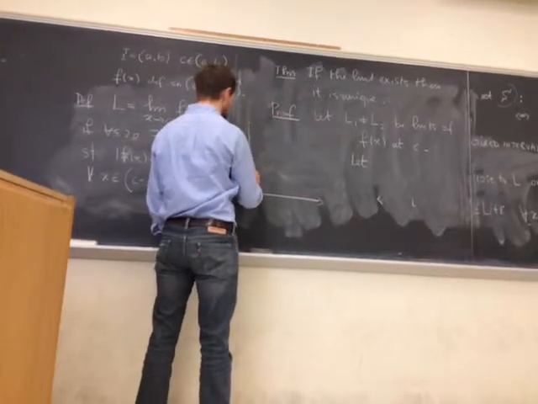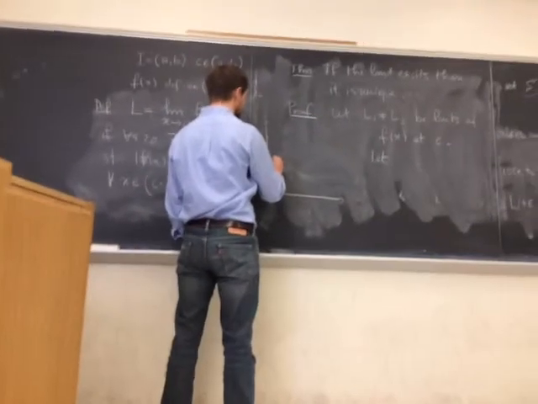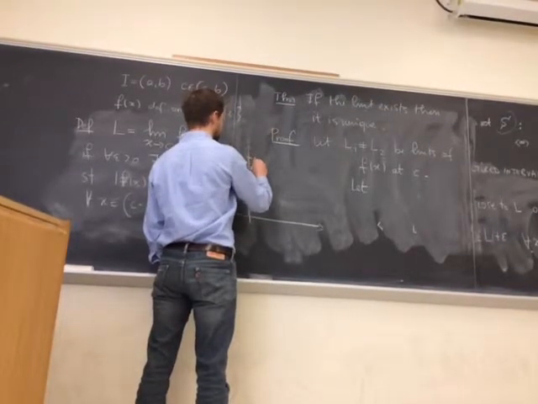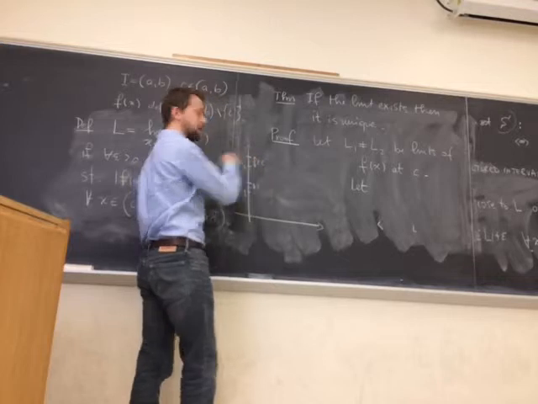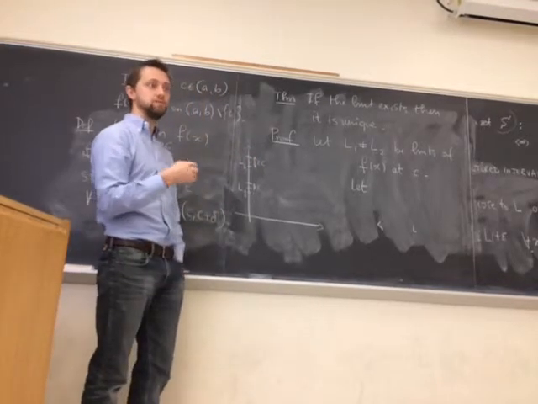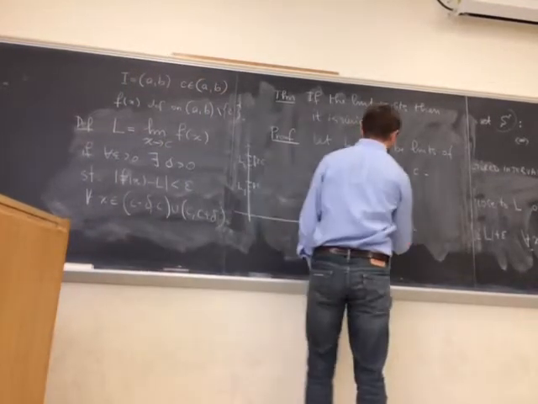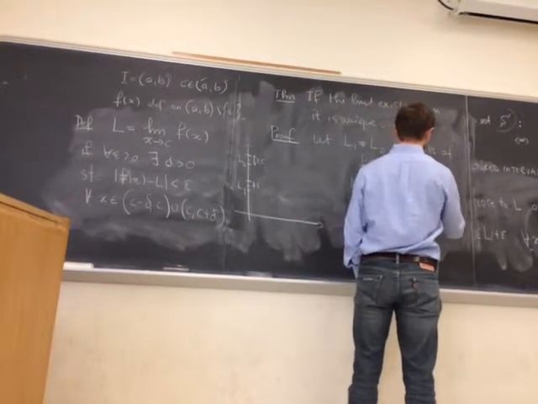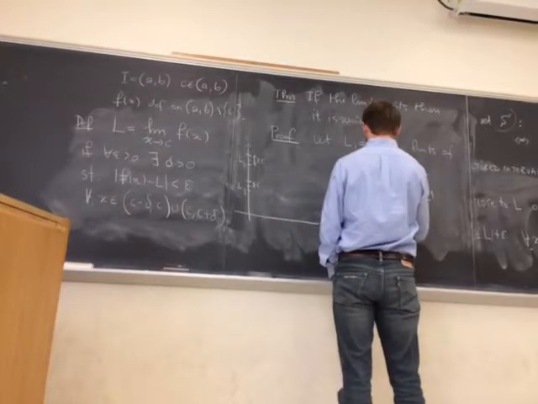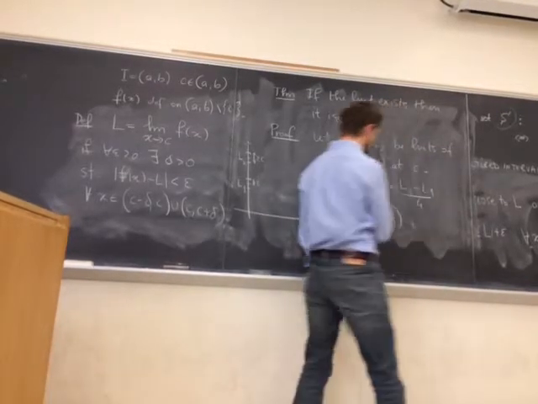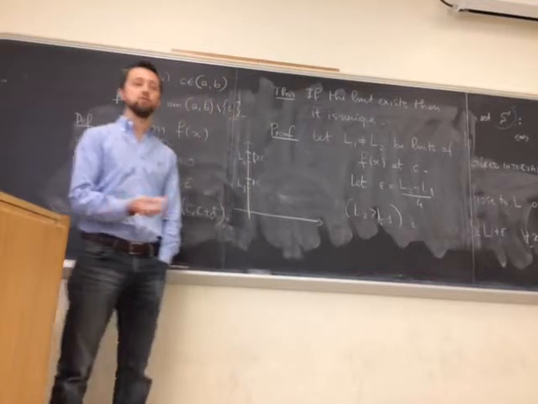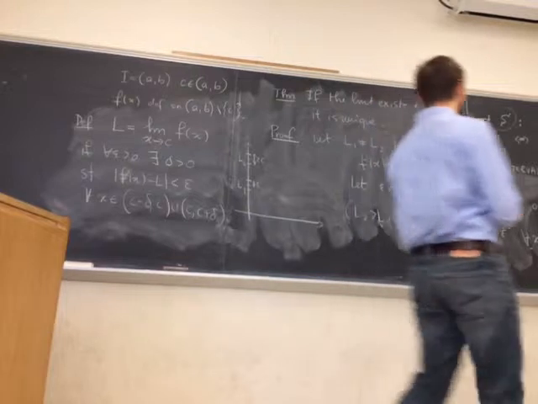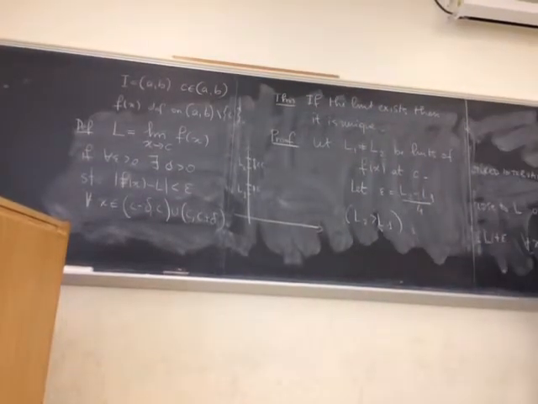So let me just open windows here, which are disjoint. I will take epsilon small enough to have these windows around L2 and L1 disjoint. So let epsilon equal (L2 minus L1) over 4. I am assuming that L2 is strictly larger than L1, which I can do without loss of generality, because if they're different, one will be larger than the other. So I just have to decide to call L2 the largest.